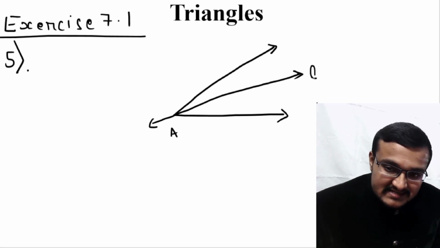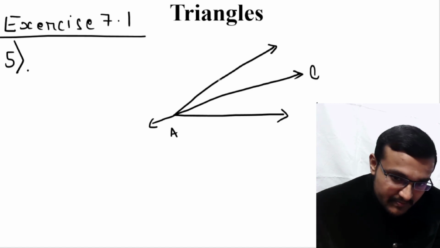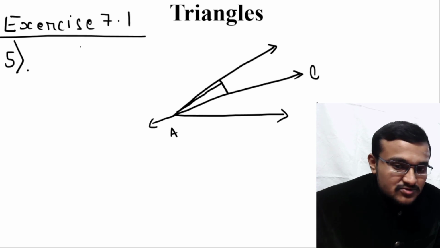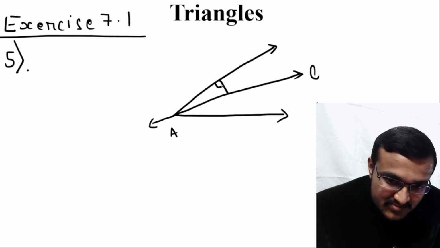Now this line is named L. This point is A, and there is a perpendicular line drawn to this ray. Here we have a perpendicular line drawn to this particular ray.